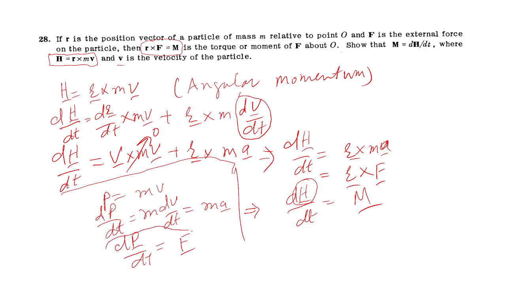So the derivative of the linear momentum is the force, and the derivative of the angular momentum is the torque. I think you physicists know these concepts well, but this is vector analysis, so we proved it by the vectorial cross product. Okay, that's enough for this lecture. We solved two questions over here and corrected the third one.